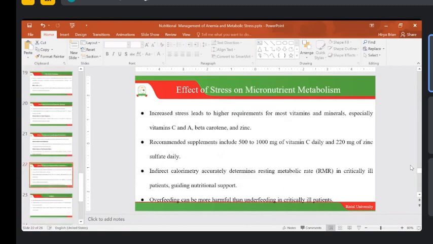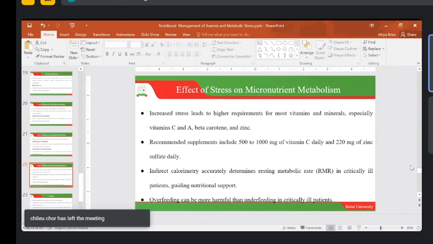So, what is the effect of stress really on micronutrient metabolism? Really, this is key where people need to pay attention, because they will ask you what the impact of stress is on a particular nutrient, beginning with the protein, the fats, the carbohydrates, etc. For micronutrient metabolism, the increased stress leads to a higher requirement for most of these micronutrients, the vitamins, the minerals, etc., especially vitamin C, beta carotene, and zinc.